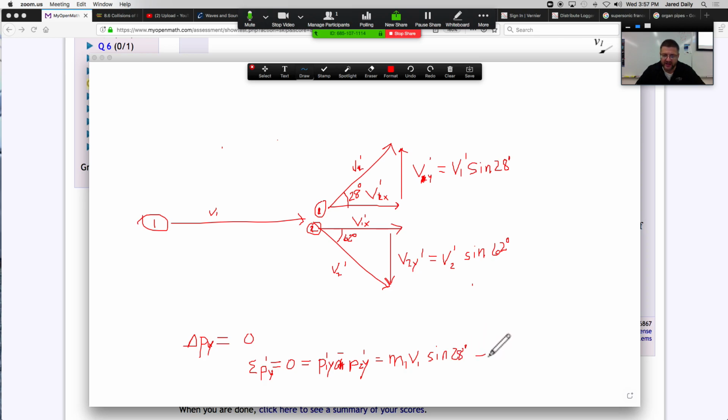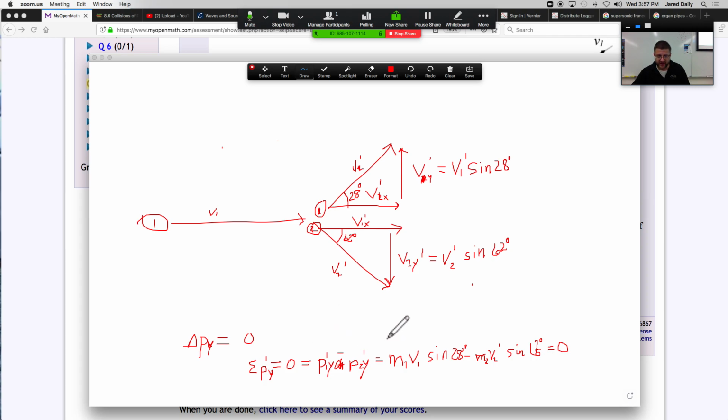And then we subtract, because this one is going down, it's negative. We subtract V2 prime sine 62 degrees. Well, we have to put in our mass too. So I'll do a minus here, and this will be mass 2, V2 prime sine 62 degrees equals 0.